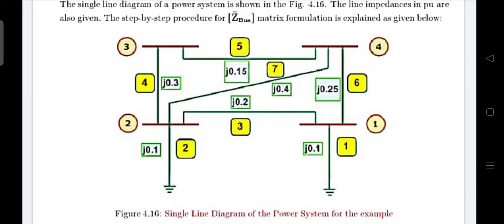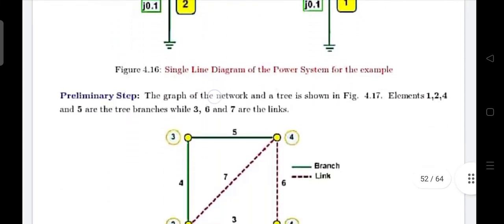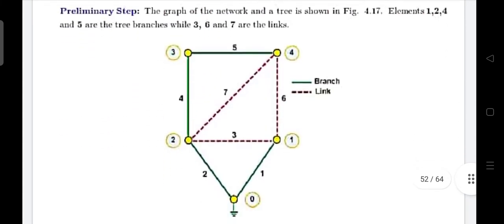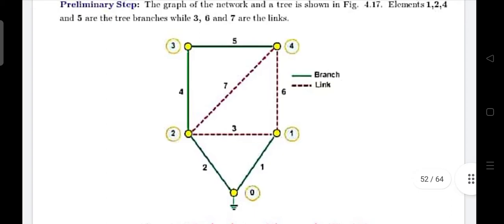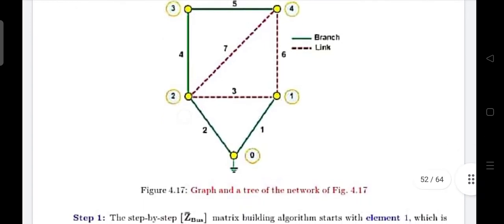This is the tree of our given system. Here lines 1, 2, 4 and 5 are branches, and 3, 6 and 7 are links. We have 4 nodes, and 0 is shown as the reference node.